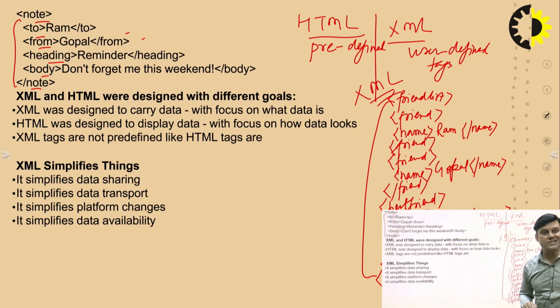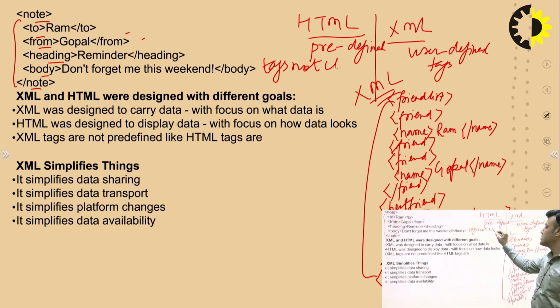Now the question is, sir, how will you say that this XML is a properly formatted XML? I must not forget to close any tag, because in HTML there may be tags which are not closed. You all know that, for example, the BR tag, right? We need not close this BR tag in HTML.